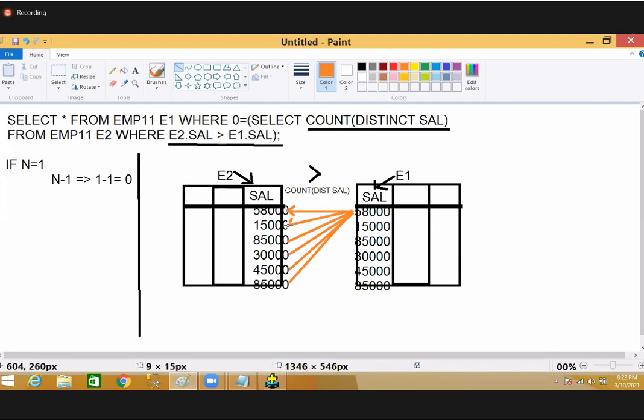The first row in E1 is compared with all values of the E2 alias table. Carefully observe, once you understand this mechanism, all the remaining are the same.